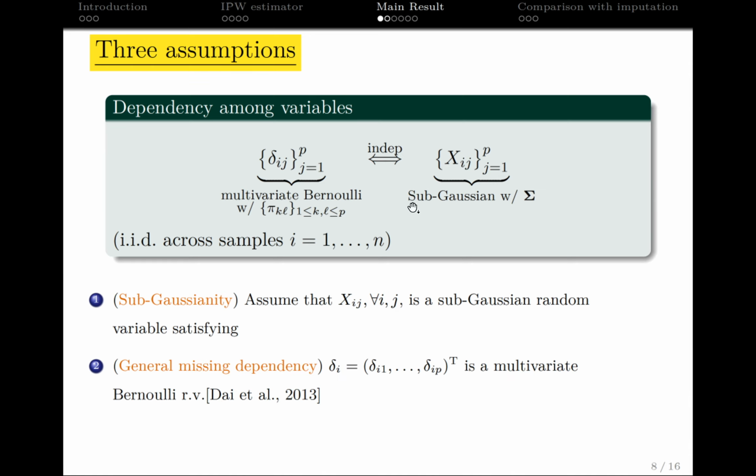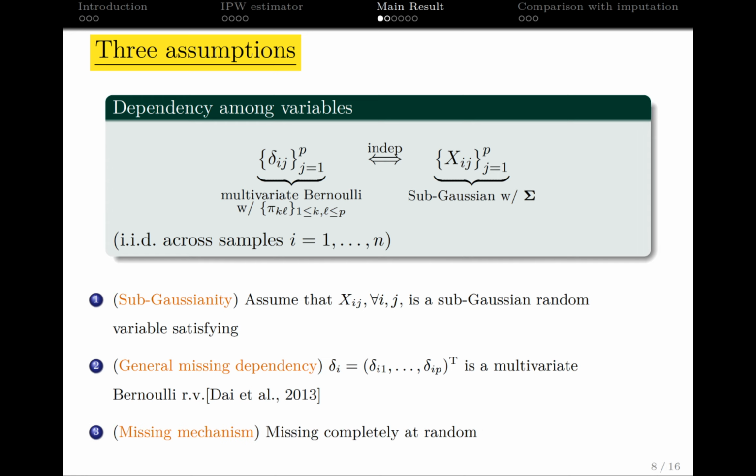On the other side, there is a missing indicator vector delta, and we assume it follows the multivariate Bernoulli distribution. Marginally, they are all binary variables, but they are not independent here. For example, if we assume the dependency up to the second order, then this model turns into the well-known Ising model.